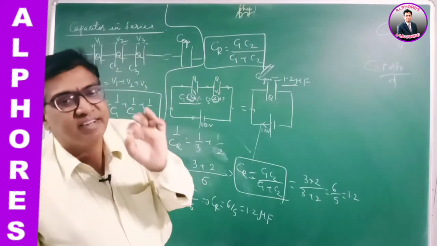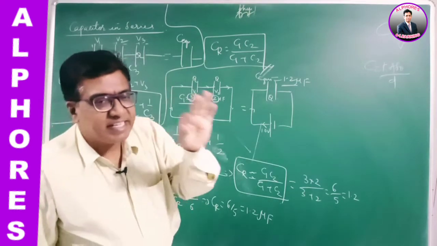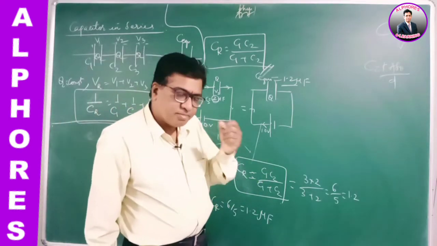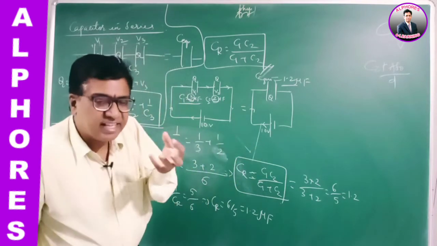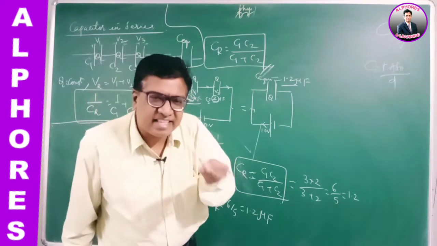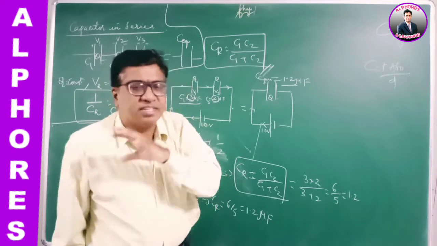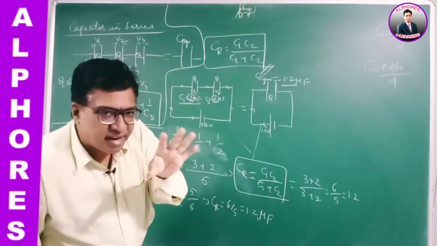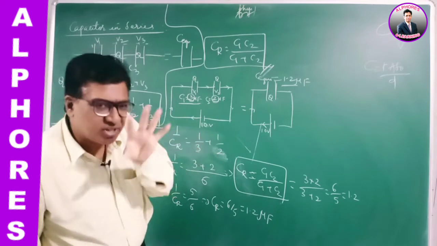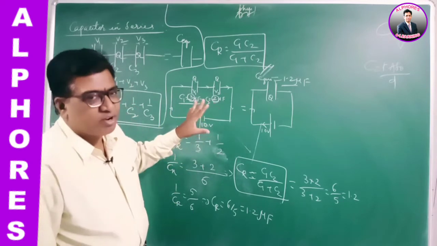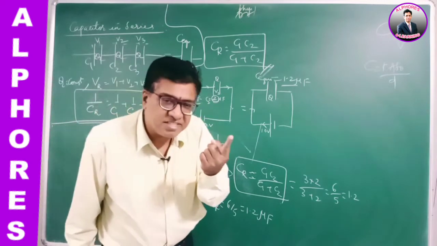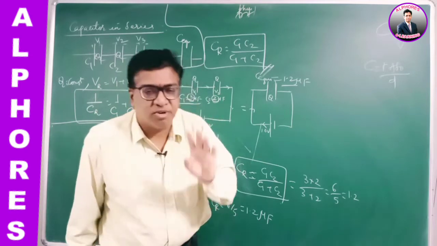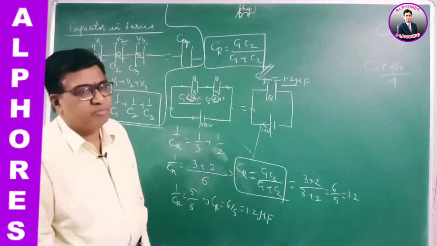That is the reason why in series the capacity decreases. You get the resultant capacity which is less than the least capacitor that is being used in the combination. Out of all the values you have used, the resultant capacity is even less than the smallest value. Now this is a very important point.